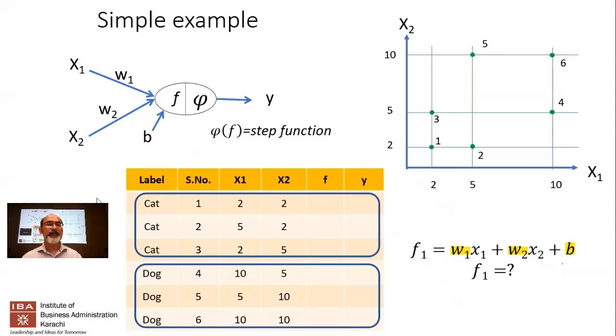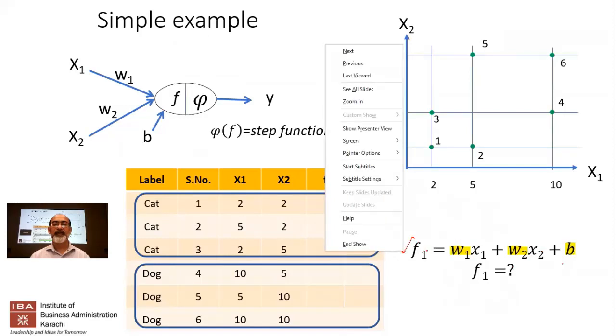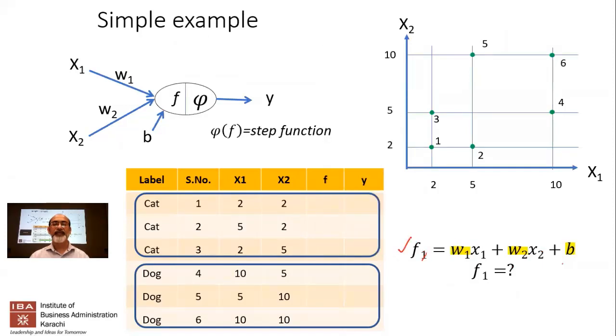Now, if you remember the single perceptron equation, it was F. Just forget the F1. F is equal to W1 X1 plus W2 X2 plus B. We already went over that, and we're going to use phi as a step function.